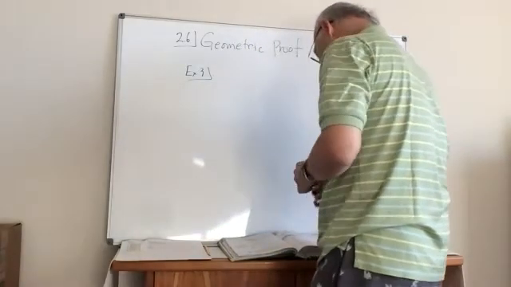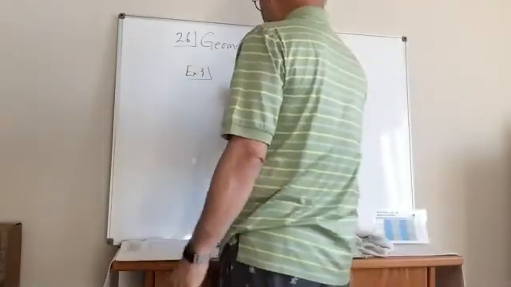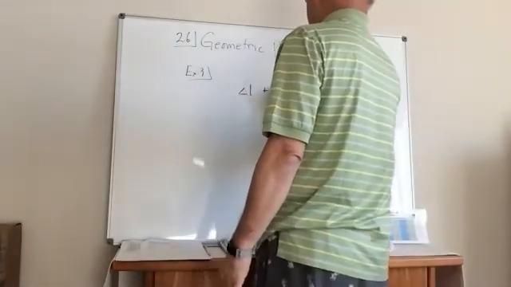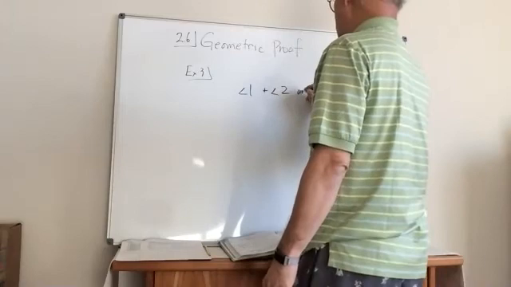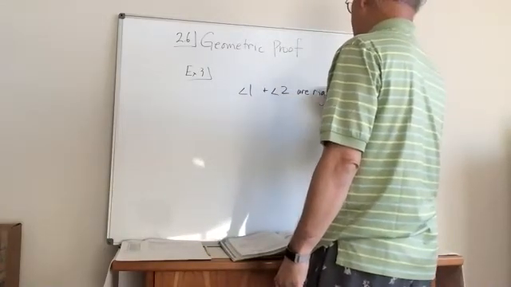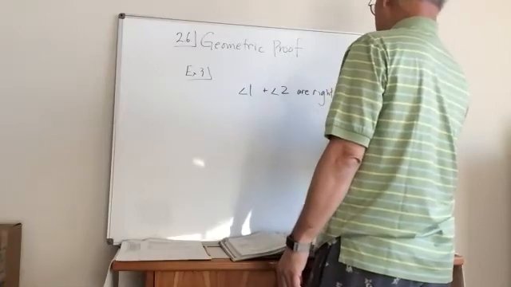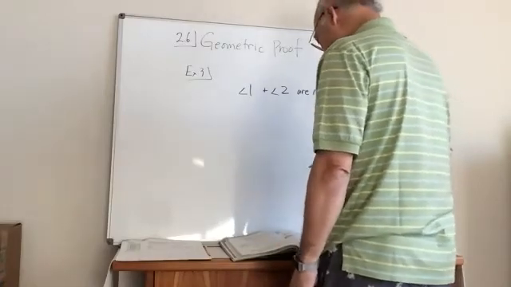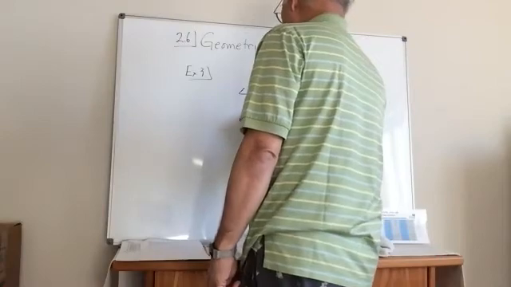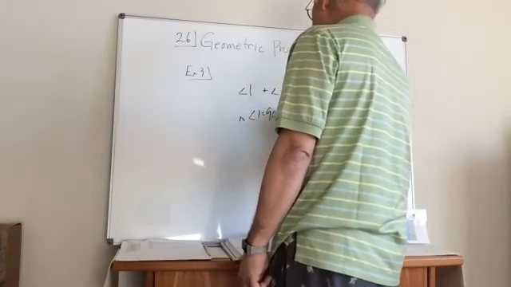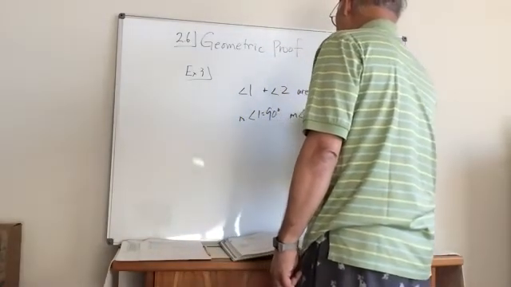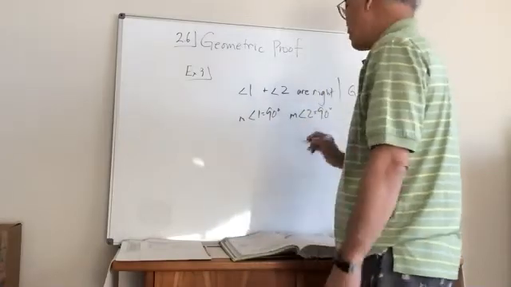So you're going to say that first, angle 1 and angle 2 are right angles. And this is a given. Which means that angle 1 is equal to 90 degrees and angle 2 is equal to 90 degrees. How do I know to use this step?